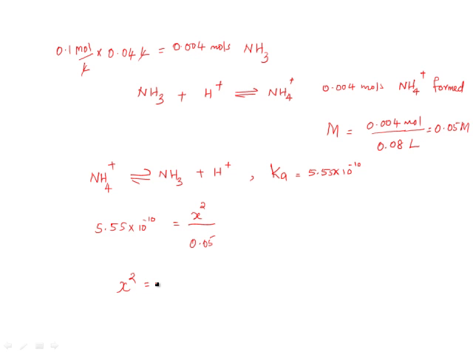Multiplied by 10 to the power negative 10. 2.775 times 10 to the power negative 11 is x squared. Is that what everyone is getting? Okay, 2.77 times 10 to the power negative 11. Therefore, x is going to be the square root of that.